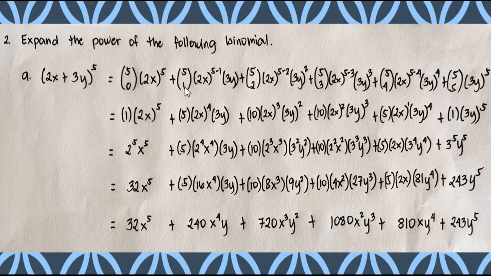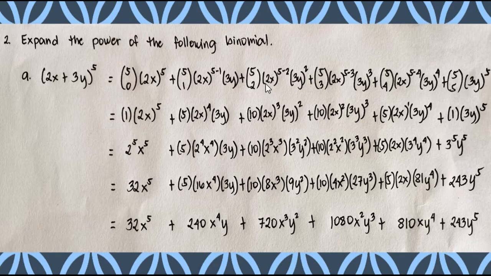So, when R is 1 here, our R goes 0, 1, 2, 3, 4, 5, depending on the power. So, when R is 1, we subtract 1 from 5. And then, we have times 3y. This is the second term in our binomial. Okay, plus 5 taken 2 at a time.